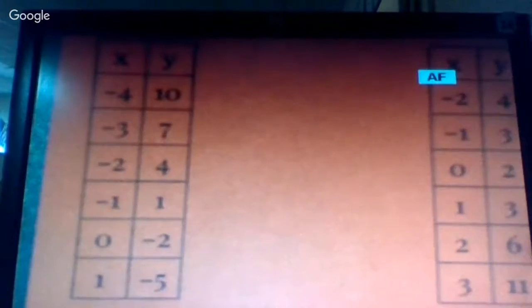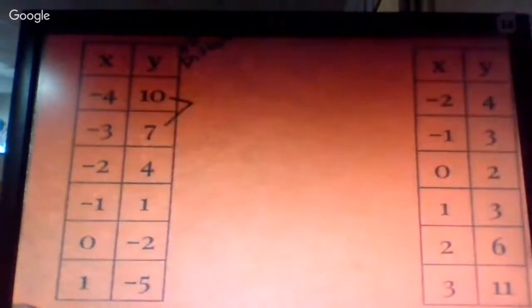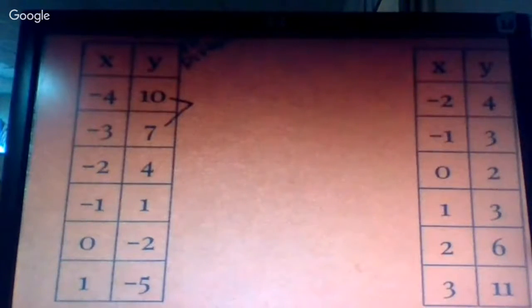I'm going to blow this up as big as I can here so everybody can see. Okay. All right. So we're looking in terms of your Y values. So we're going to take the difference of your Y values. So this is your first difference. What do I get when I take 10 minus 7? 3. What do I get when I take 7 minus 4? 3.